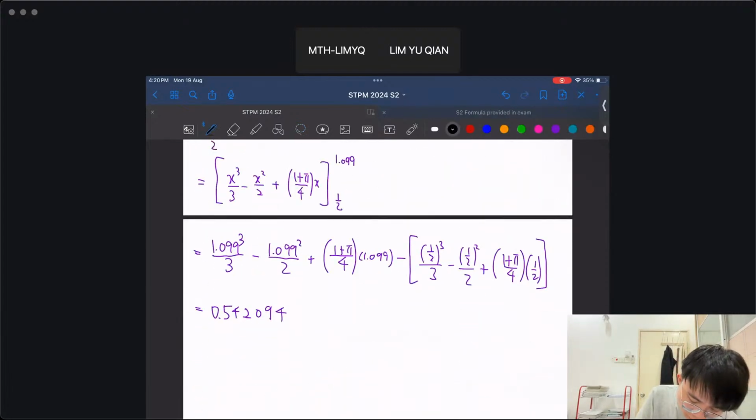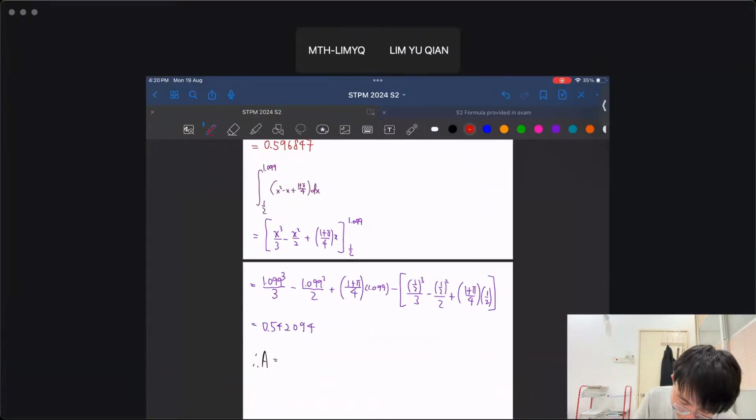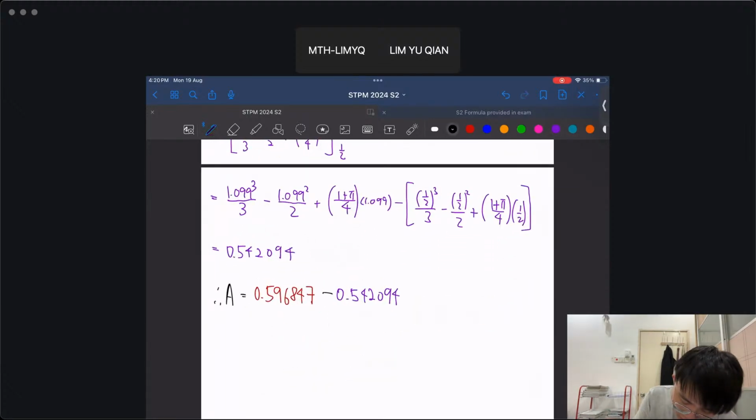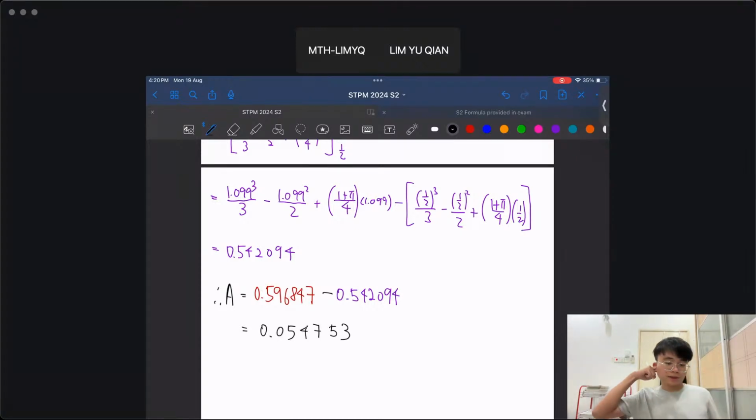So therefore A equals 0.596847 minus 0.54209 equals 0.054753.